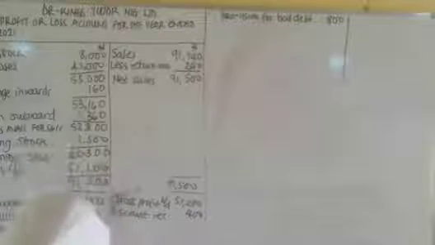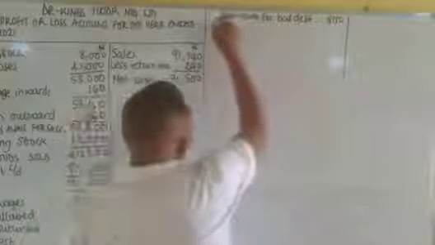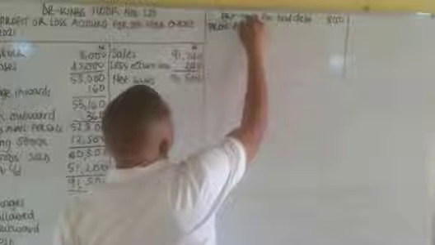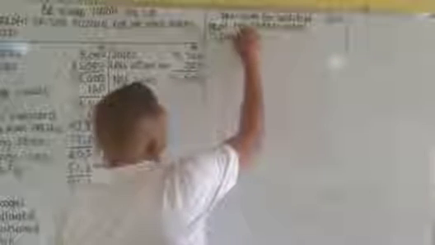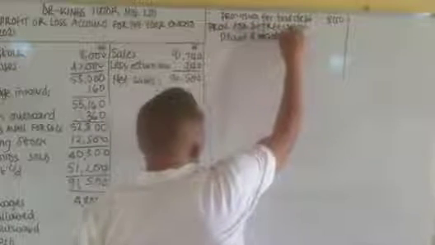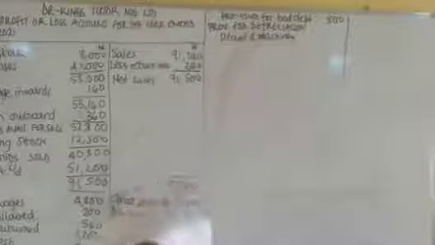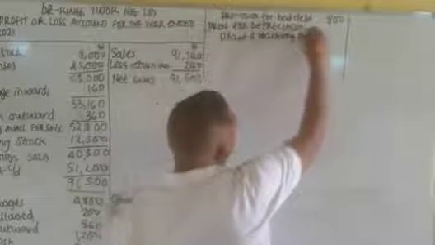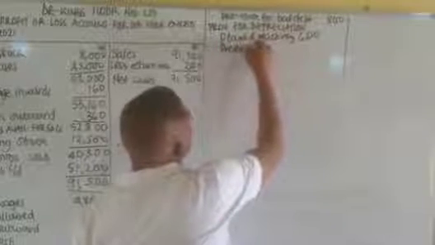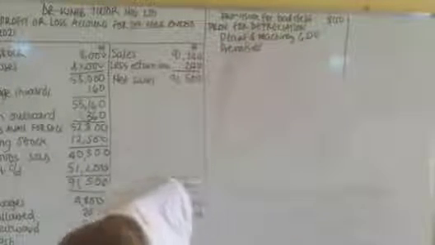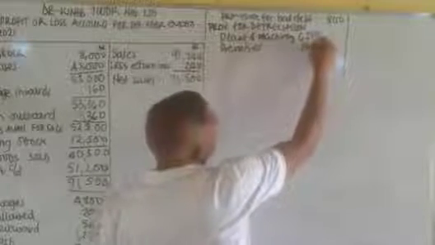So the next one is provision for depreciation. So we did 3 items of depreciation. The first one is plant and machinery, which is 6,250. The next one is premises, 400.